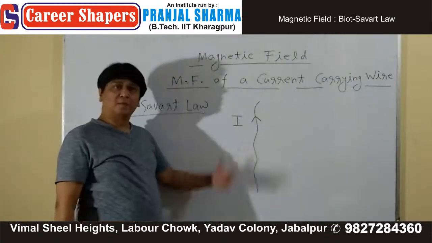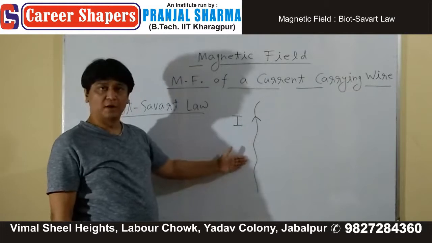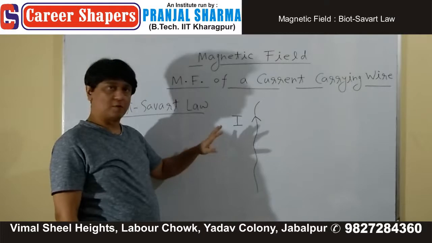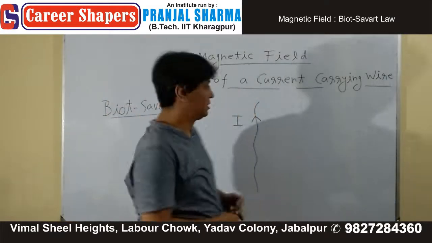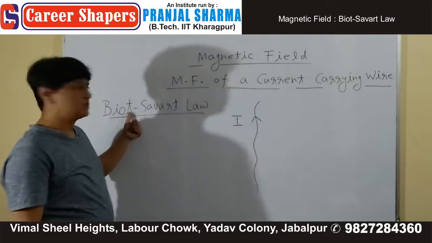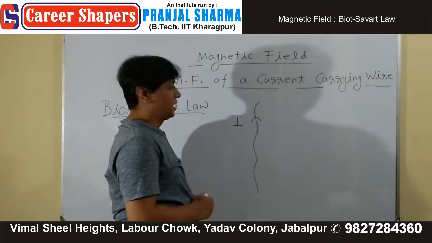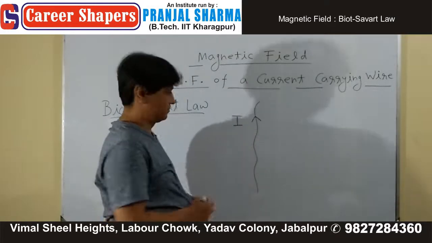Now, the magnetic field produced by a current carrying wire is formulated by these two, Biot-Savart. This T is silent, Biot-Savart, and is given in this form.